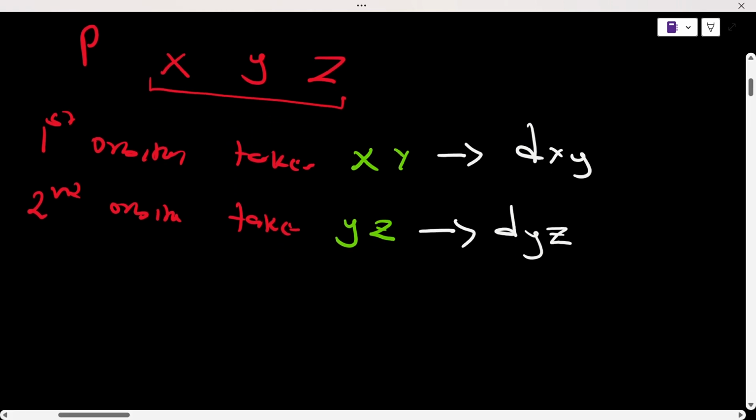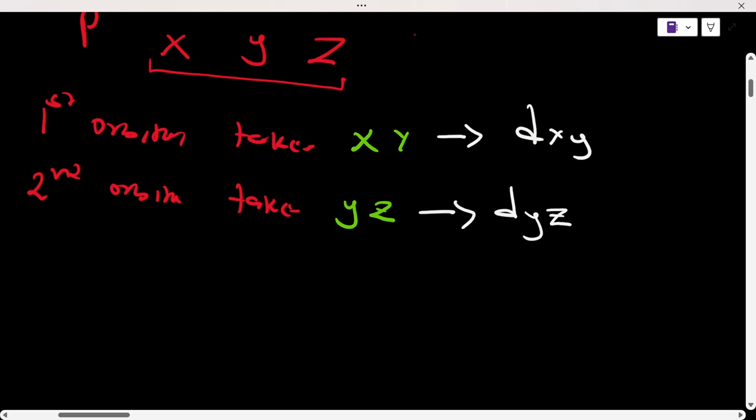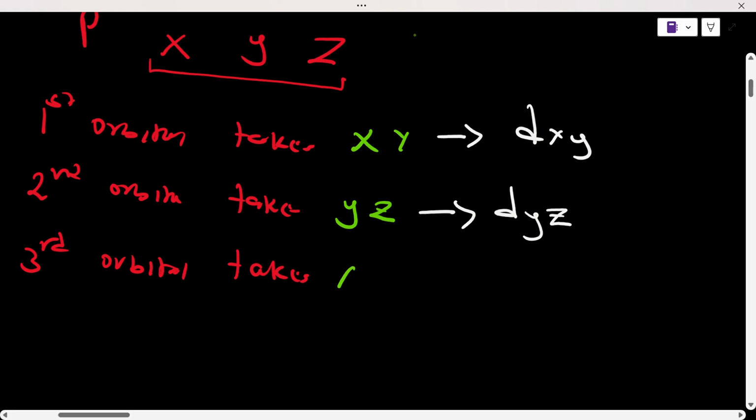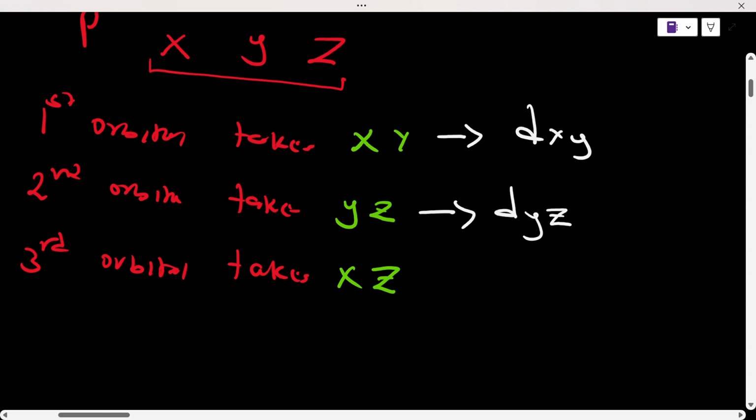The third orbital takes the x and z. And therefore, we are going to call it the dxz.